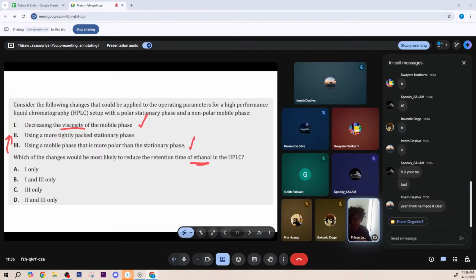Yeah, you can think about it as a greater surface area. The idea is that it can create stronger bonds. Because we already know the stationary phase is polar, ethanol is already going to be attracted to that stationary phase. So if we make those bonds stronger by tightly packing them, then ethanol is going to adhere more to the stationary phase and take longer to come out. So the answer is B.